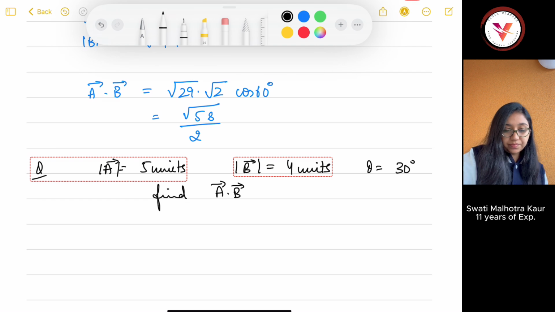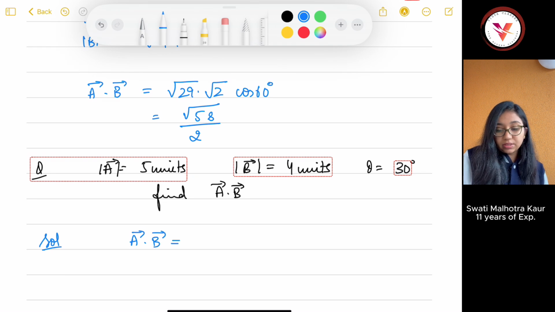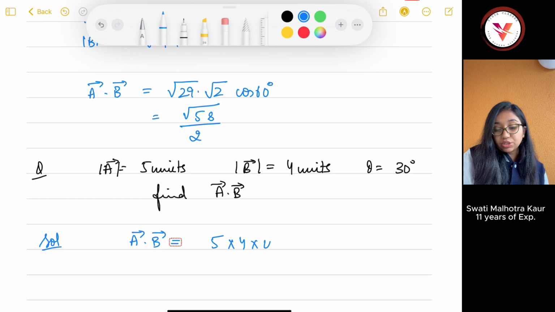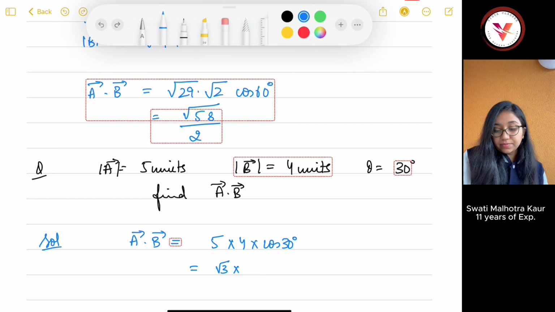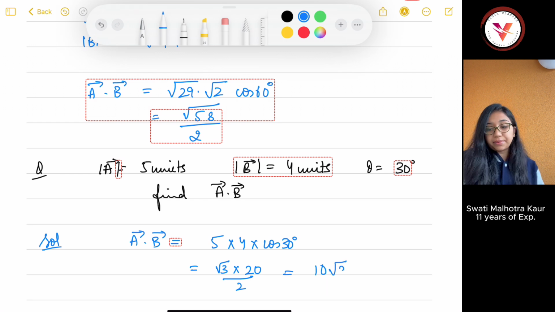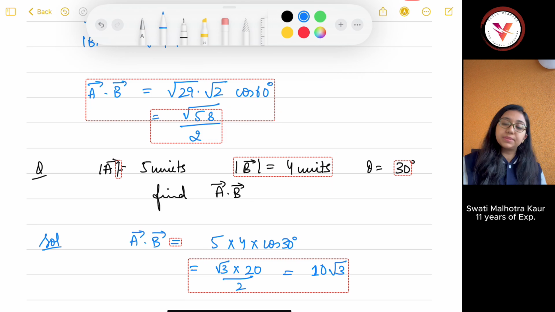So simply, if they are given the magnitudes, it's simply 5 into 4 into cos 30 degree, which is root 3 by 2. So it's root 3 into 5 4s are 20 by 2, which is 10 root 3. Okay. So it is like this.